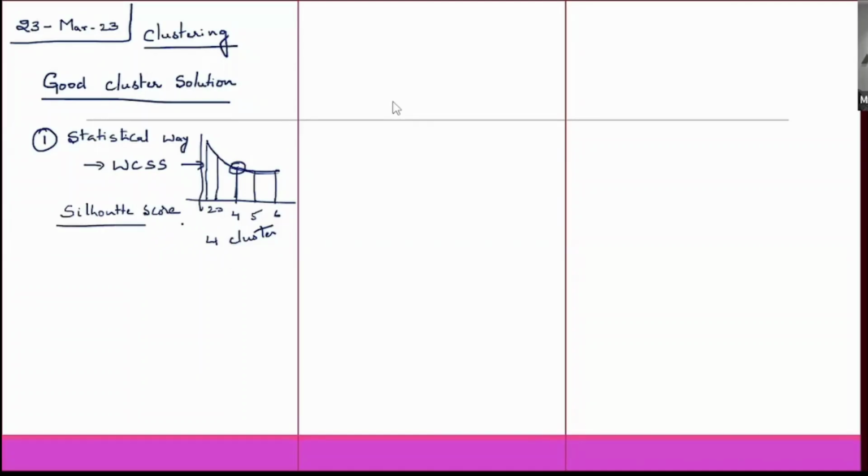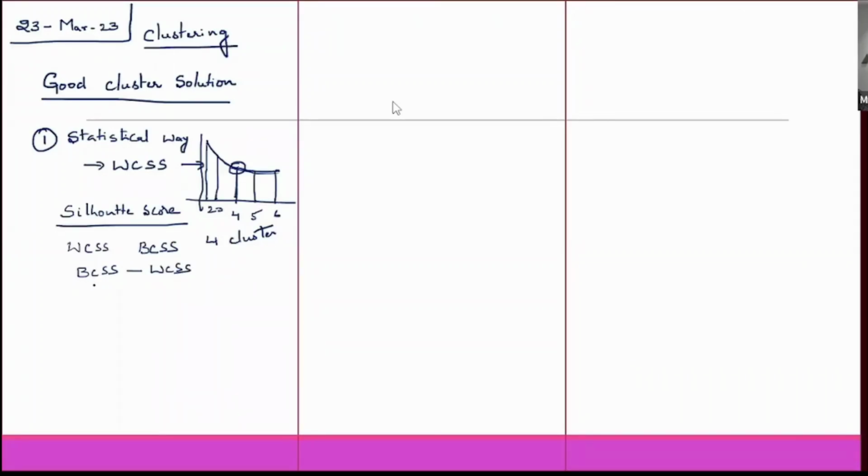So this one, what is it that we are saying? We are not only talking about the within cluster sum of squares, we are also talking about the between cluster sum of squares. So I would simply take the between cluster sum of squares minus the within cluster sum of squares.